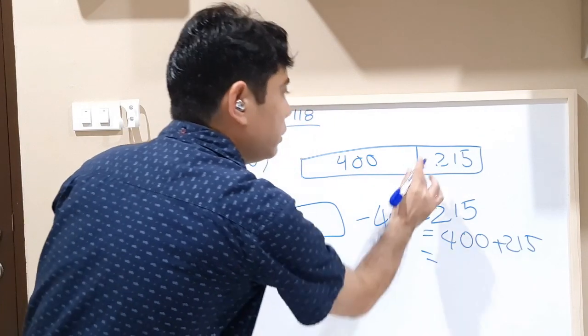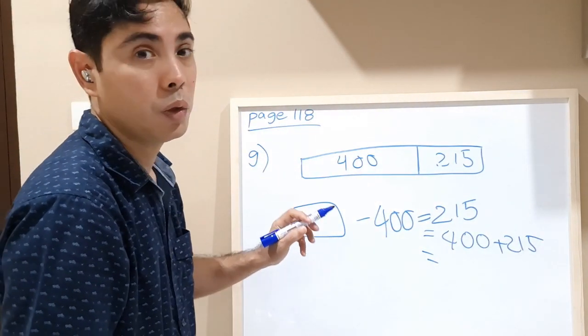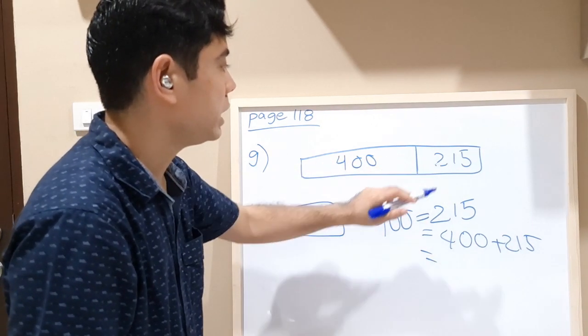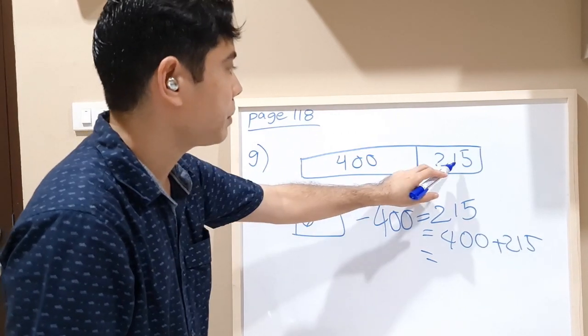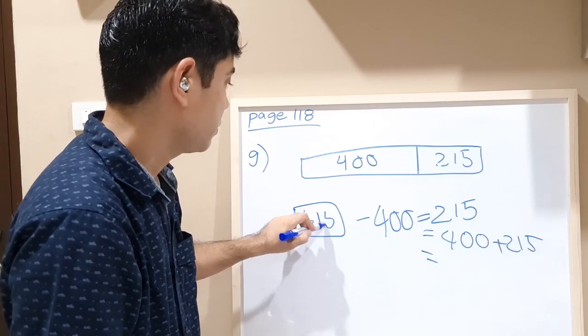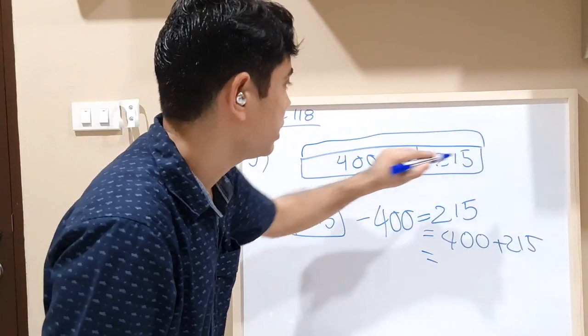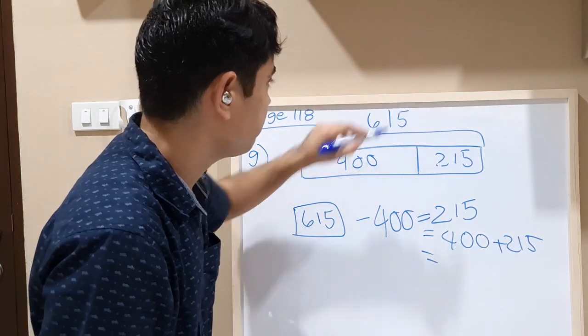It will give you what? Let's do mental addition. 4 plus 2 is 6. And then copy 15. So these two numbers, it will give you 615.